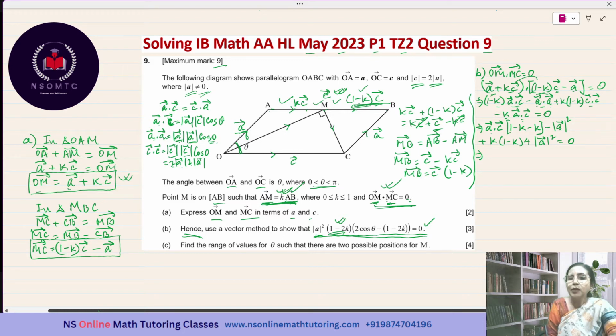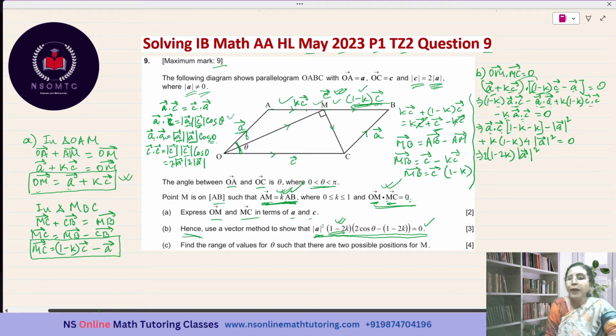And now I come to this a dot c. A dot c, magnitude of the a vector and magnitude of the c vector. And in place of magnitude of the c vector, I'll be writing 2 times the magnitude of the a vector. So it is 1 minus 2k. And since we are having 2 times the magnitude of the a vector, I'm writing 2 in front. And it is magnitude of the a vector times the magnitude of the a vector, so it is magnitude of the a vector whole squared.